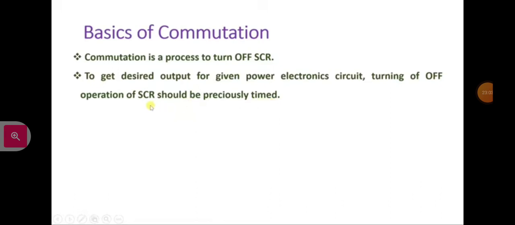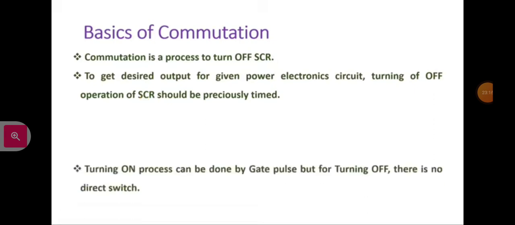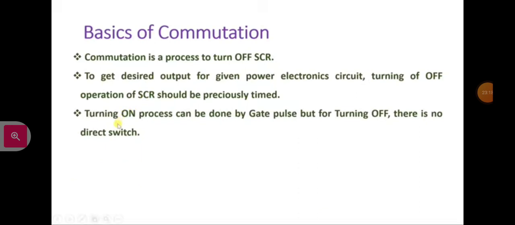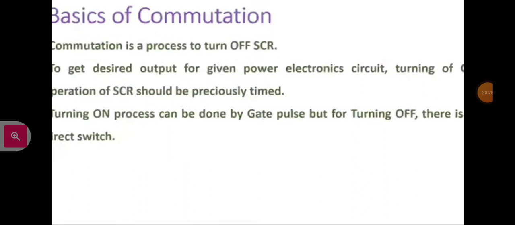If you time it precisely, one can have better efficiency of the circuit and proper operation can be achieved. So commutation is a method by which we turn off SCR. Turning on can be done by a gate pulse, but turning off cannot be done by a direct switch, and for that we need to do commutation.